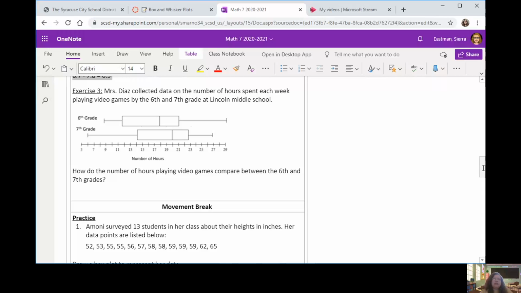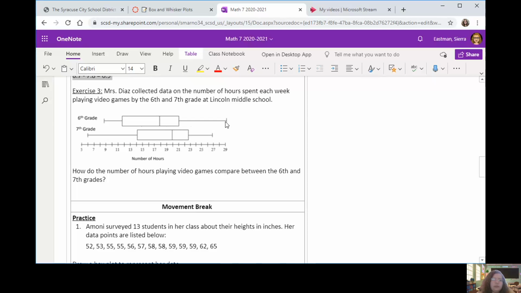So Ms. Diaz collected data on the number of hours spent each week playing video games by the 6th and 7th graders at Lincoln Middle School. How did the number of hours playing video games compare between 6th and 7th grade? What we can say, talking about those big numbers that we can find: our minimum for 6th grade is higher than the minimum for 7th grade.